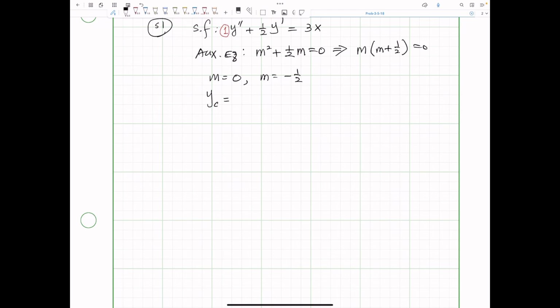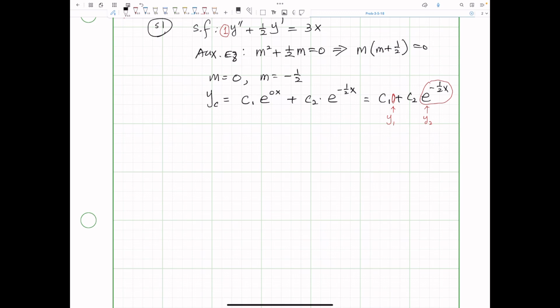Yc equals c1 times e to the 0x plus c2 times e to the negative 1 over 2x. That is c1 plus c2 e to the negative 1 over 2x. We need to identify y1 and y2. So y1 equals 1, y2 equals e to the negative 1/2 x.